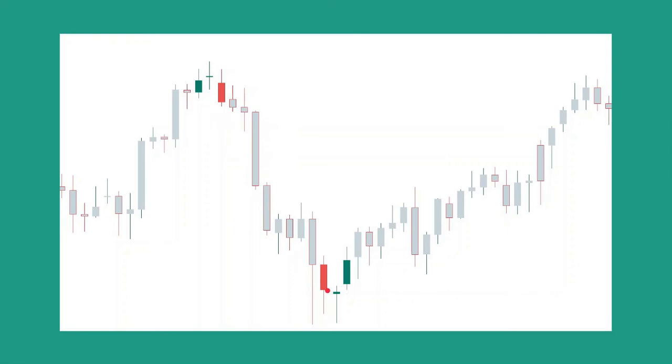The third candle in the formation also should gap away from the real body of the star, leaving the star's real body isolated at the top or bottom of an uptrend or downtrend. So here you can see another gap between the star and the next candle, and also here you can see this gap.